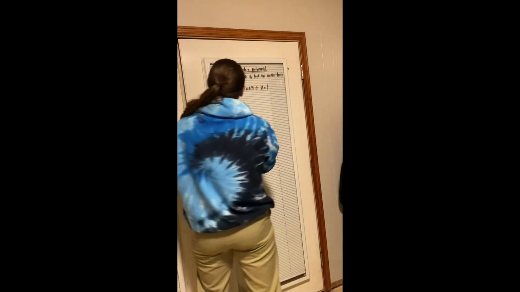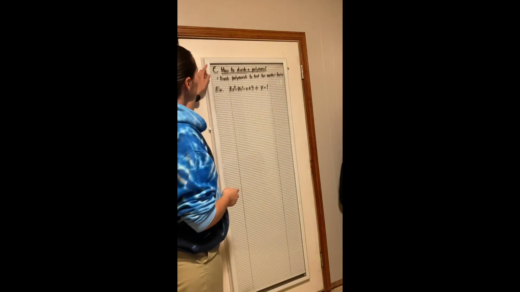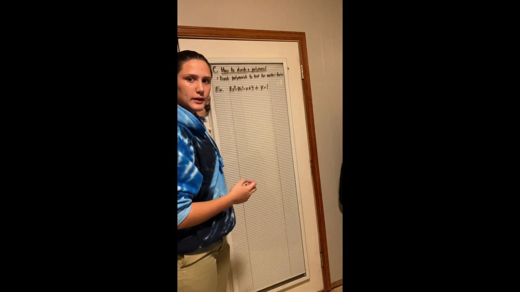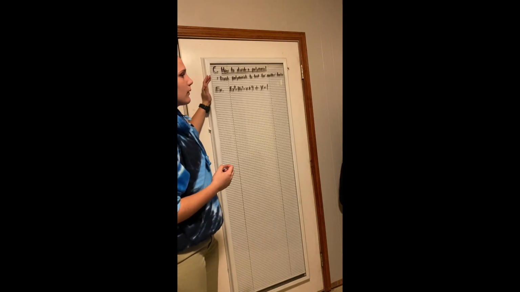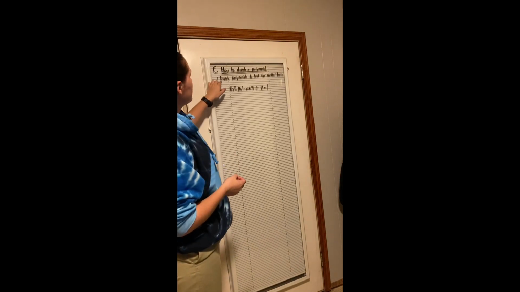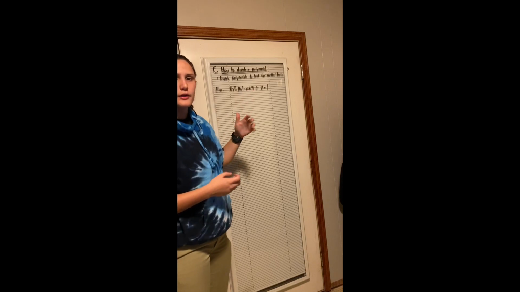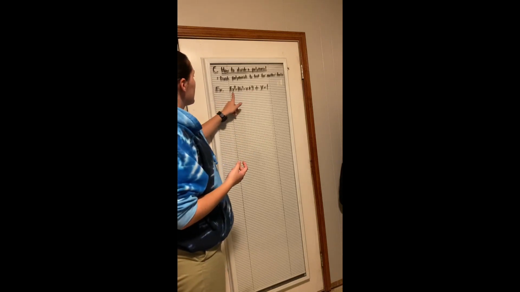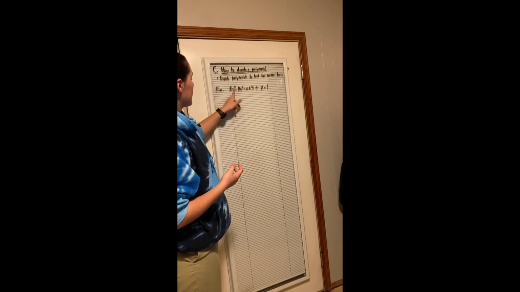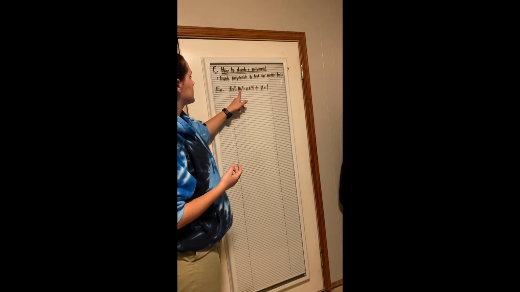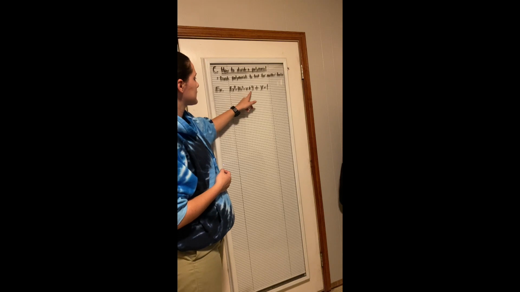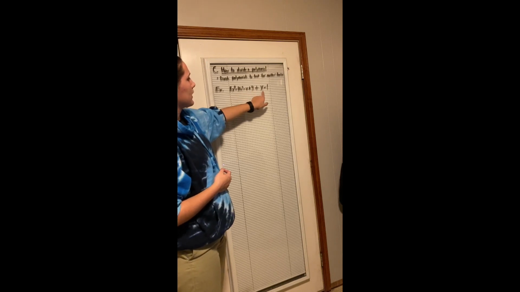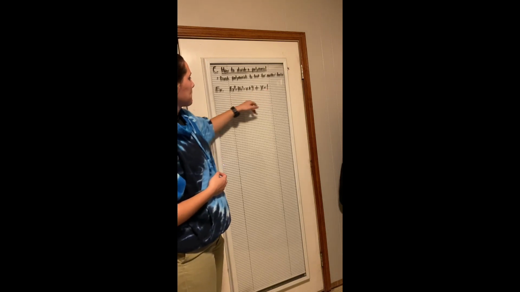So how to divide a polynomial? Now that you know what a polynomial is and how to divide, you divide a polynomial to test for another factor within the polynomial. So 8x to the third minus 10x squared minus x plus 3 divided by x minus 1.